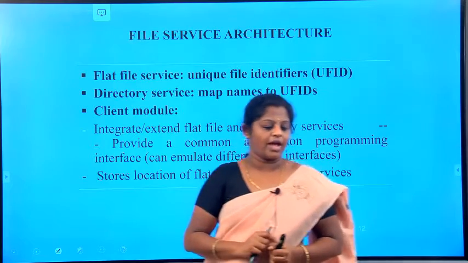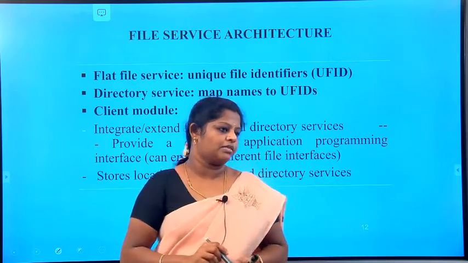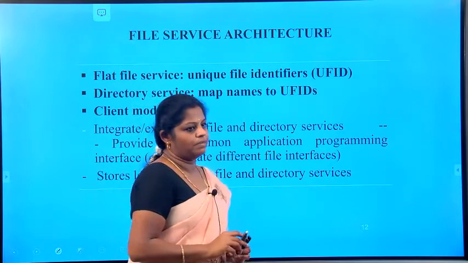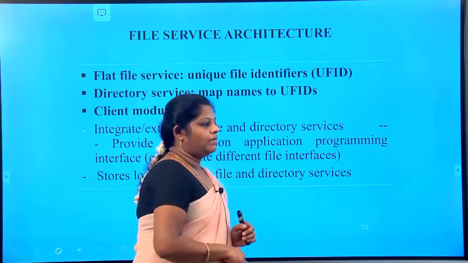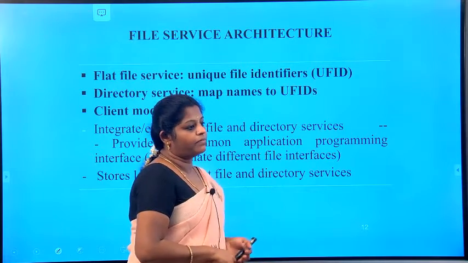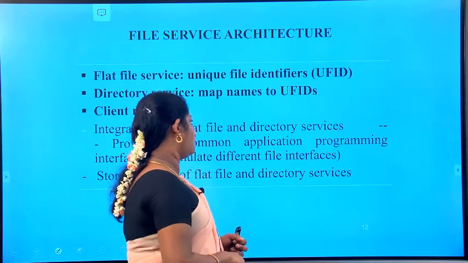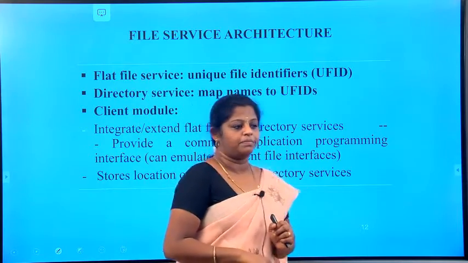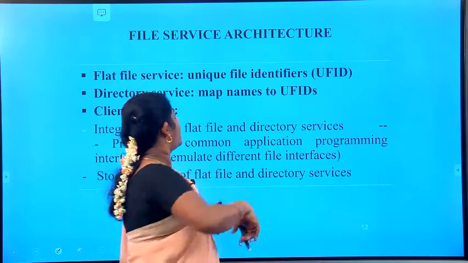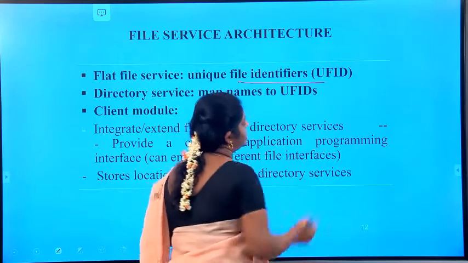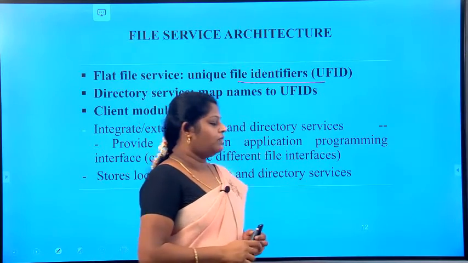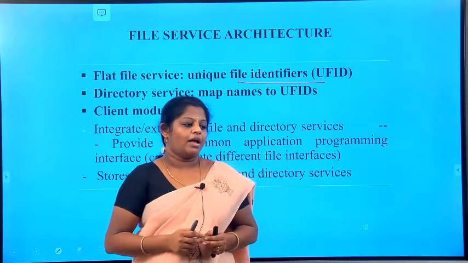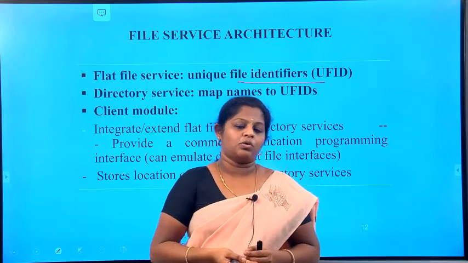First one is the flat file service. I already told you that this will be exported with the help of the client programs and their RPC interfaces. The distributed file system has a file service which uses unique file identifiers, that is the UFID, the unique file identifier, and it implements the operations on the contents of the files.